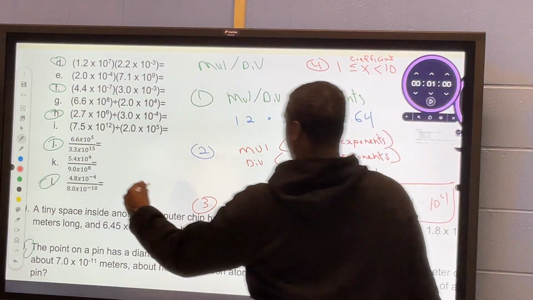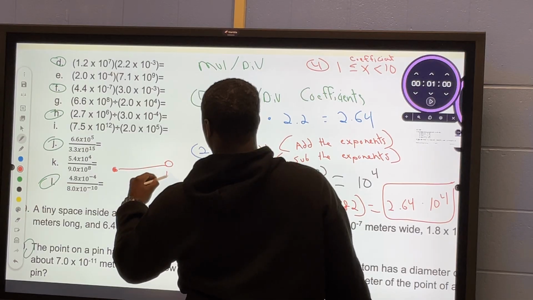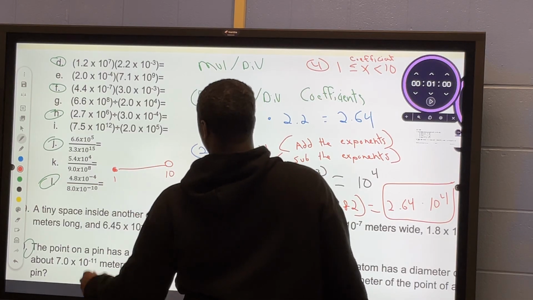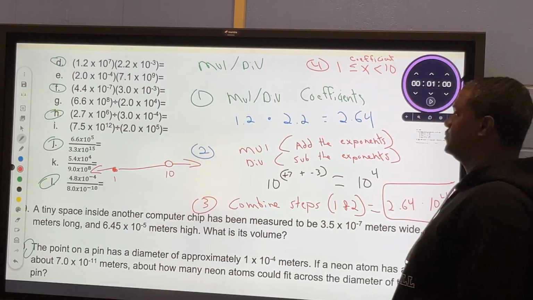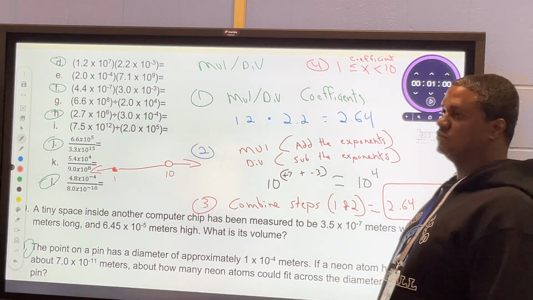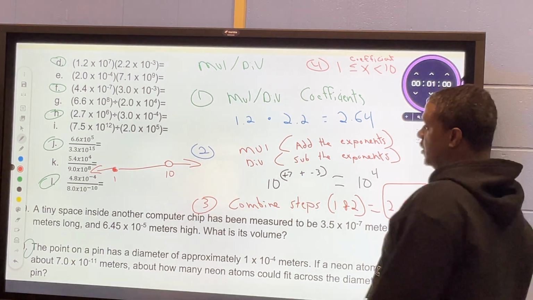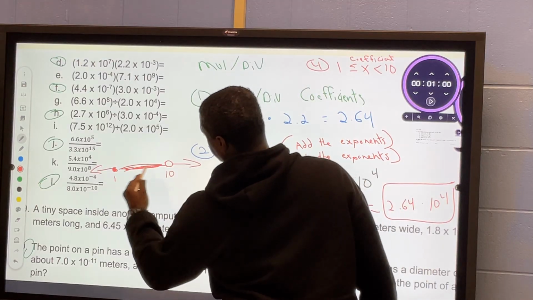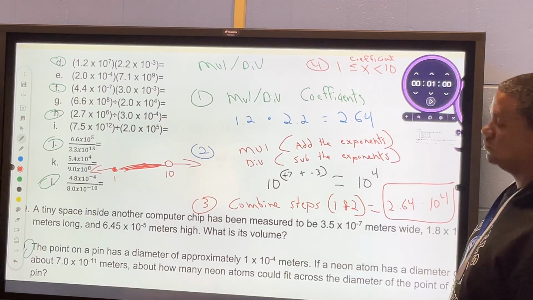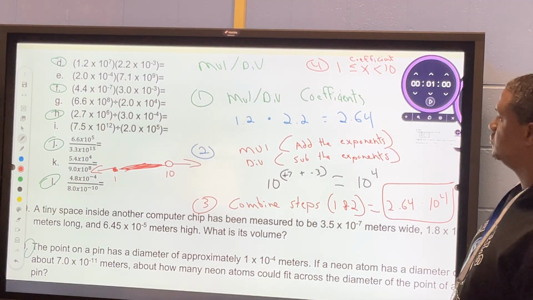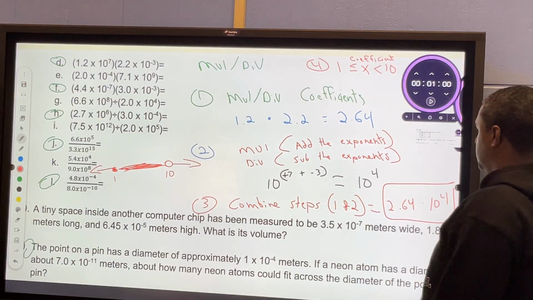Alright, so you have a closed circle and an open circle, at 1 and 10. That's what it's going to look like.